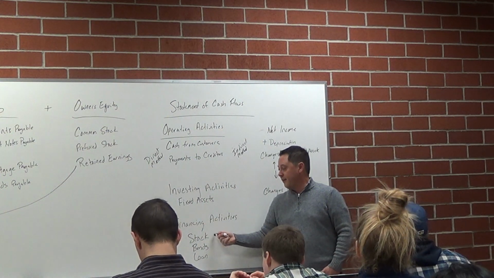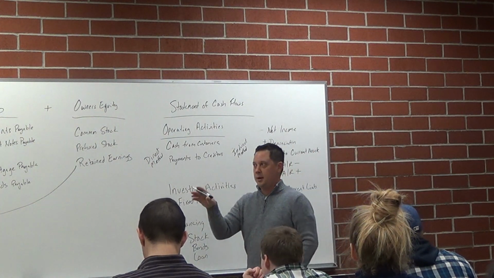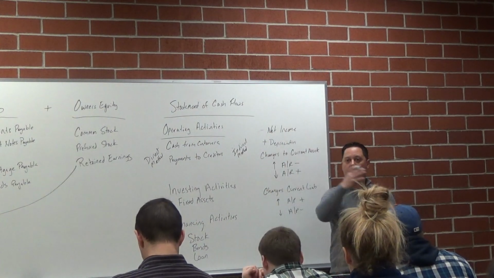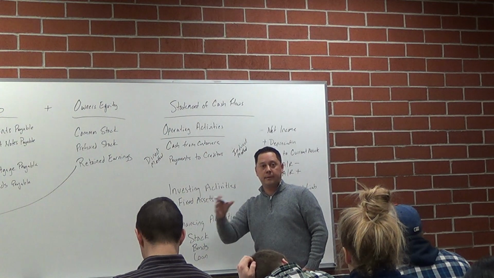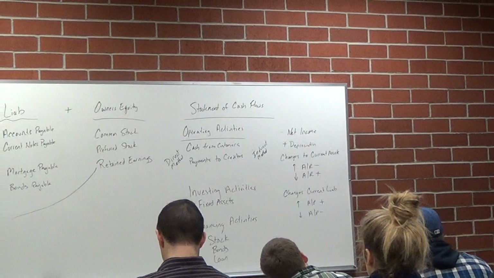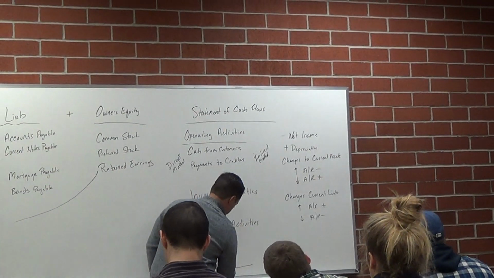But by the same token, if I buy back stock and bring it back in, which is treasury stock, we'll talk about that in the last part of this. Then I'm using that cash to pay that off. So that's a decrease in my cash. Everybody follow me there?